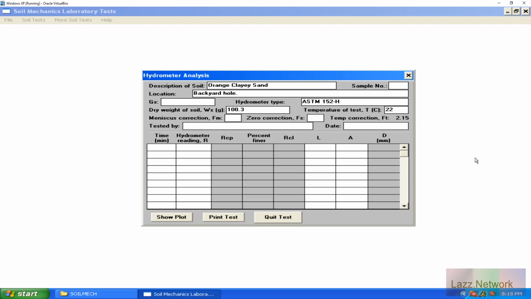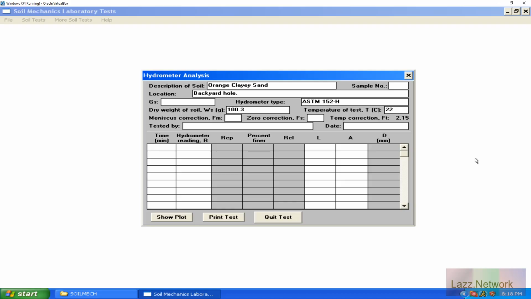So you could say at 22 degrees Celsius, you might get a reading of, let's just say, 4. This is with no soil sample, no nothing. This is just your sodium hex solution inside the water, at 22 degrees Celsius, and you had a reading of 4 on your hydrometer at the top of your meniscus. Then that's part of your correction.